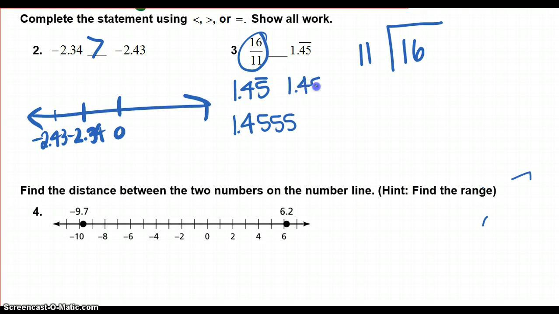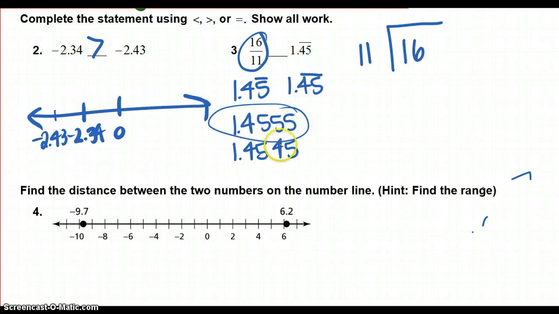This is 1.45, and the 45 is repeating, so that would be 1.4545. So now you need to look to see which number is bigger. They both have a 1, they both have 4, they both have 5, but in this case, the 5 is bigger than the 4 in the thousandths place, so that number is greater than 1.45 repeating.